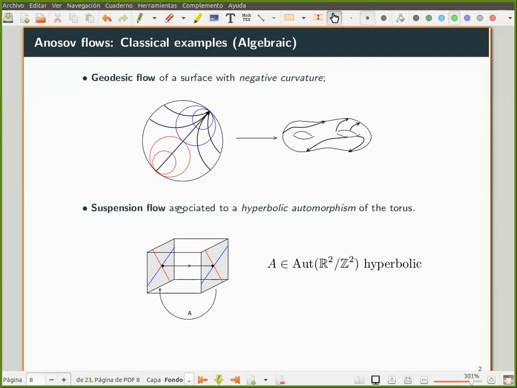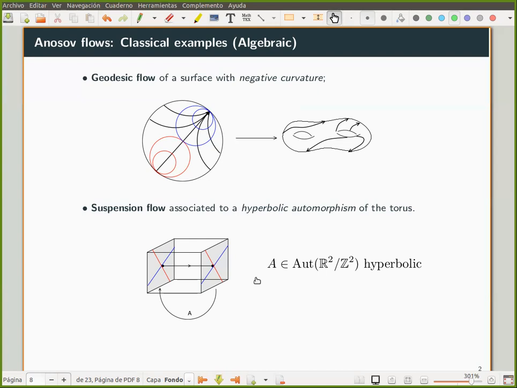Then consider the three-manifold that is the torus T^2 times the interval [0, 1]. If we glue the two boundary components of this three-manifold using the diffeomorphism A, we obtain a closed three-manifold equipped with an Anosov flow.